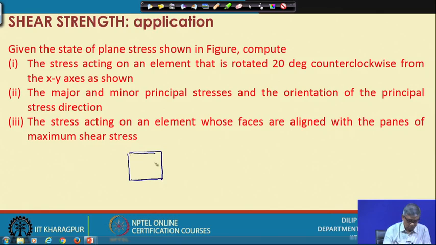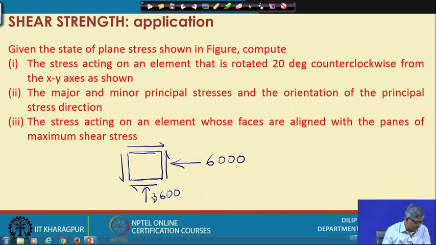Suppose the shear is this, this, this, and this, and then this is 6000, this is 3600, and this is 800. They have the same unit, kPa. And of course, this is the state of stress.